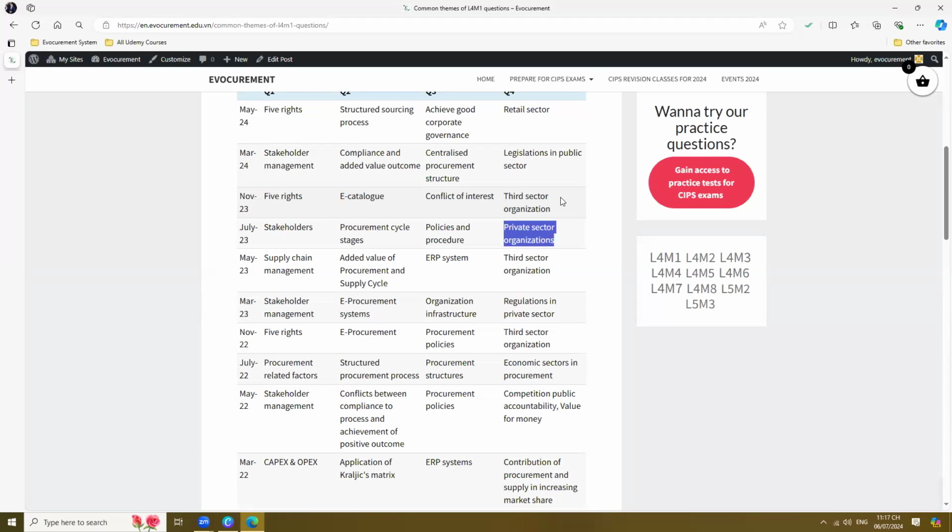One particularly challenging topic, as I can see from student complaints, is legislation, both in public and in private sector. The problem is that as procurement, we have a tendency to leave things that are not our expertise to other departments.